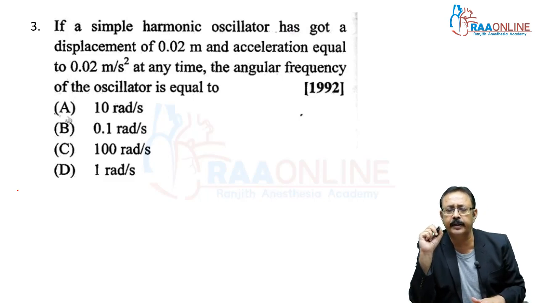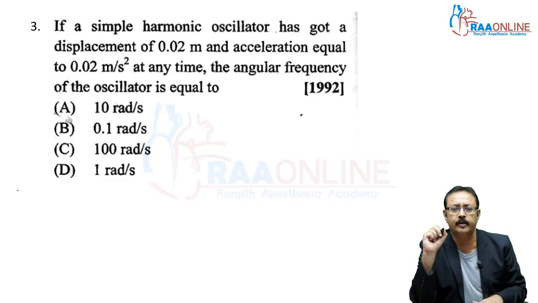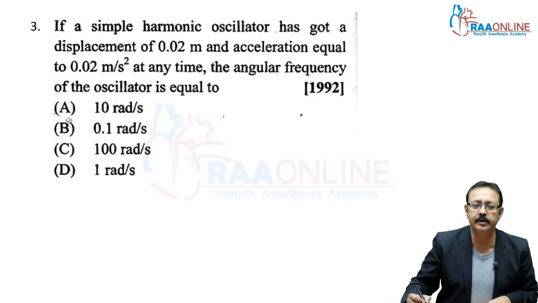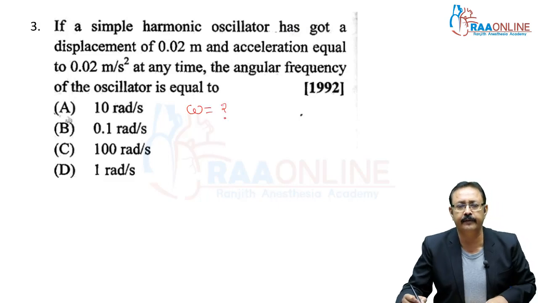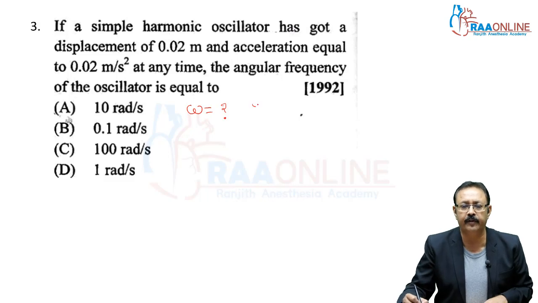We want to calculate the angular frequency, meaning omega. So the target is omega. What is given? When the displacement was 0.02, the acceleration was 0.02 meter per second square, all in SI units.